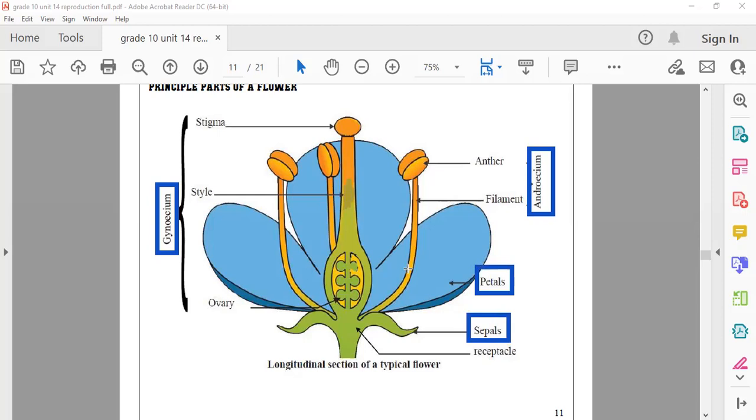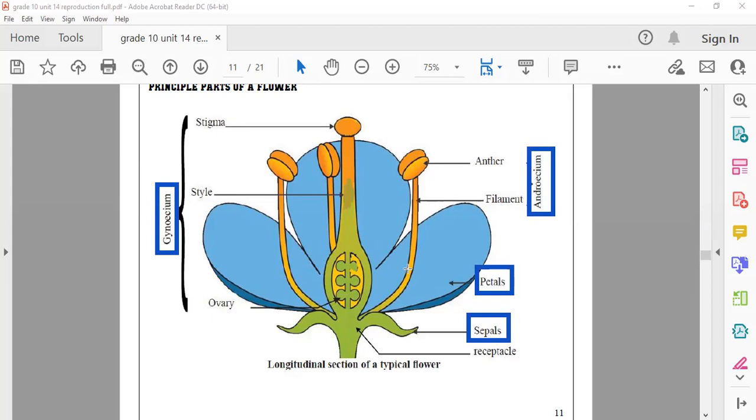Altogether 4. The most outside, you will see the sepals. Inside the sepals, you will see the petals. Inside the petals, you will see the androecium. Inside the androecium, you will see the gynoecium. This is how they are ordered.